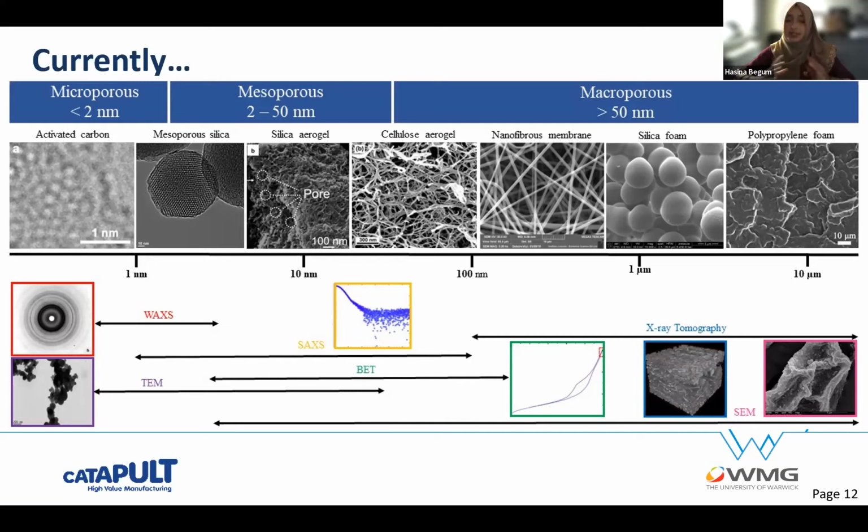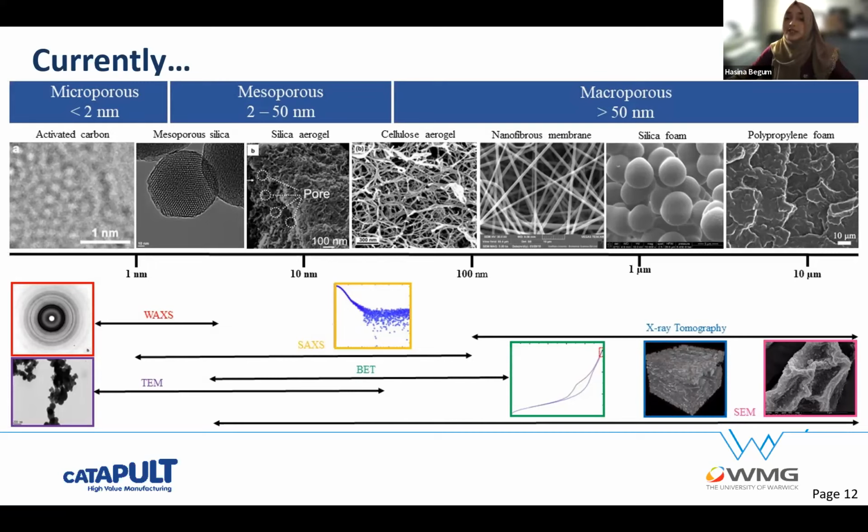Now you can see with all these different techniques, there are limitations with the range of the pore size that we can analyze, and that's not good enough, because when we're looking at materials like silica aerogels, which have a hierarchical porous structure, we want to be able to characterize the entire pore range, right from 1 nanometer to 10 microns.